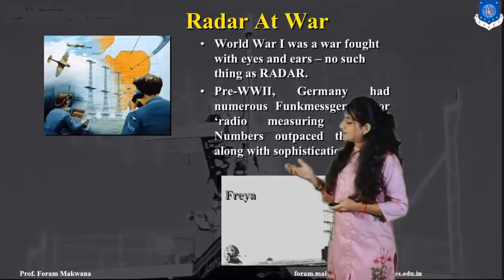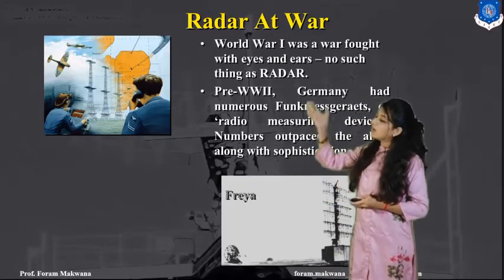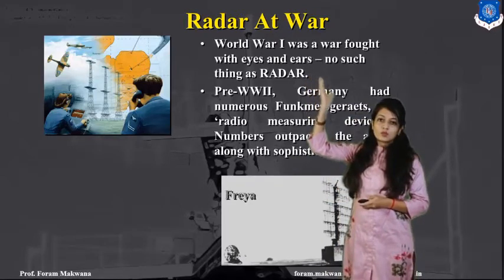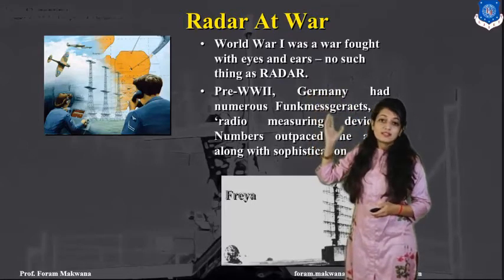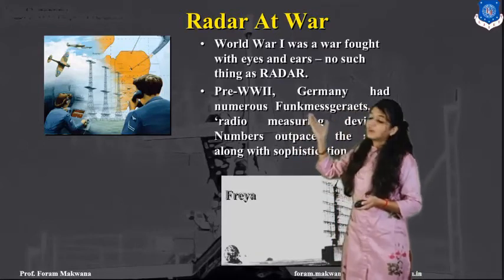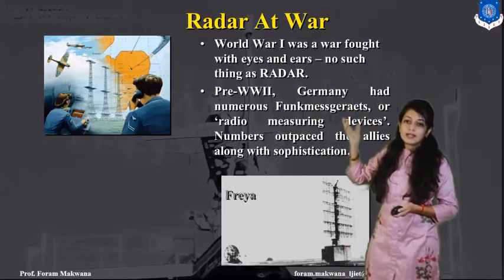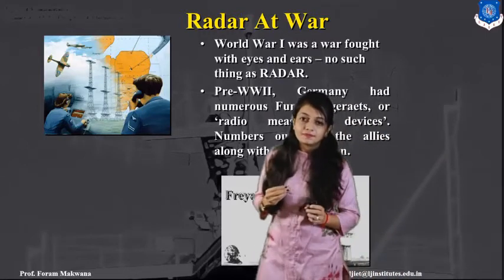As we can see, the application of radar in war. World War I was fought with eyes and ears; there was no such thing as radar, right? Before World War II, Germany had a radio measuring device.